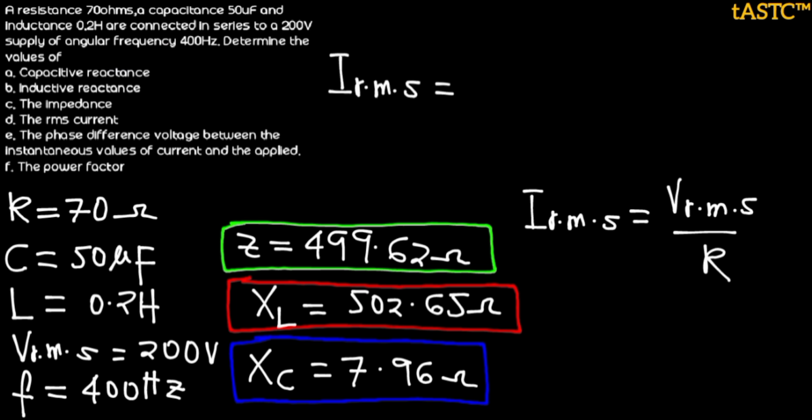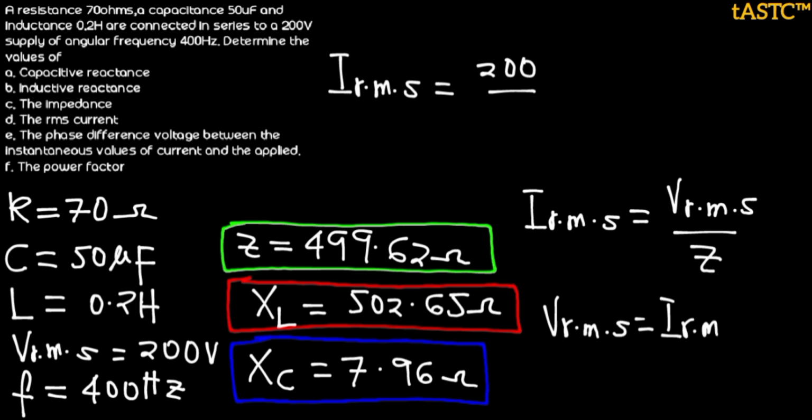Now what is V RMS? V RMS is given as 200. Now in this case, we're not going to use R, we need to use the impedance. So you just need to remember this. The RMS voltage is going to be the RMS current multiplied by the impedance.